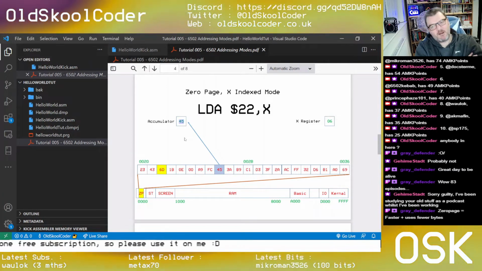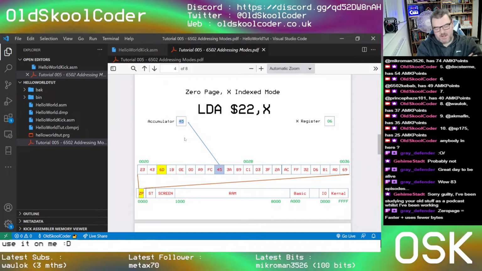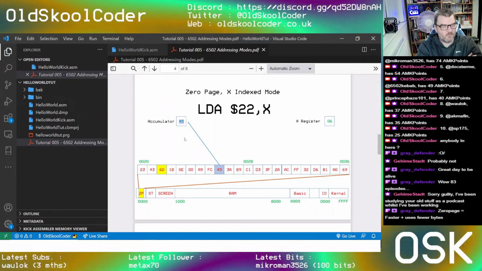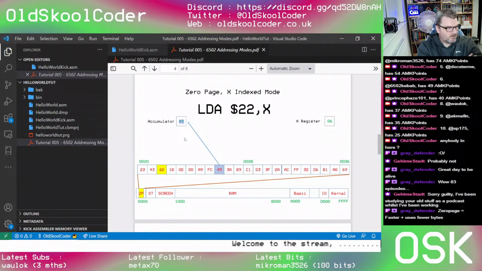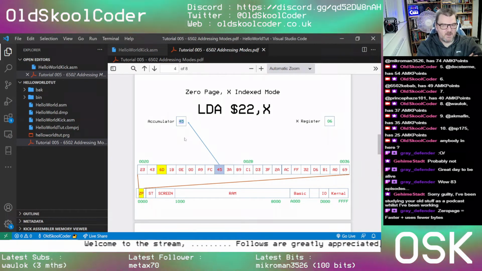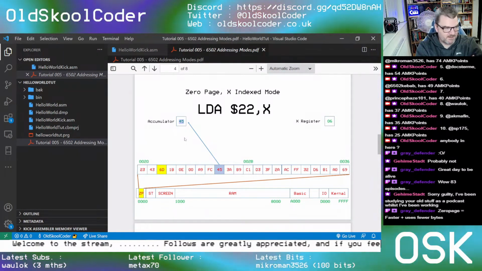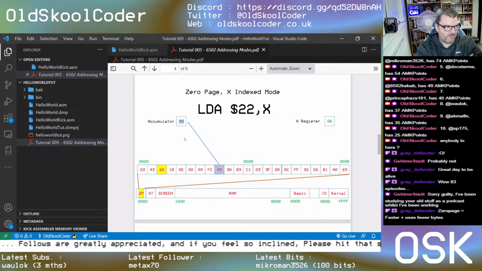It's going to wrap round and look at memory location 05, because the instruction is load from 0 page, not load from page 2 or page 1. It's load from 0 page. So keep that in mind when you're using indexing on 0 page, because you cannot go further than FF.